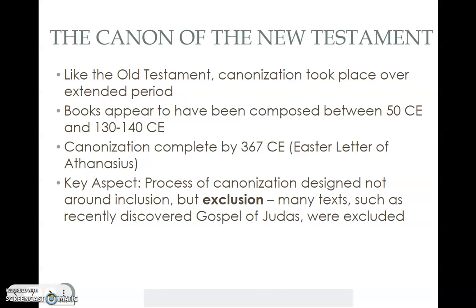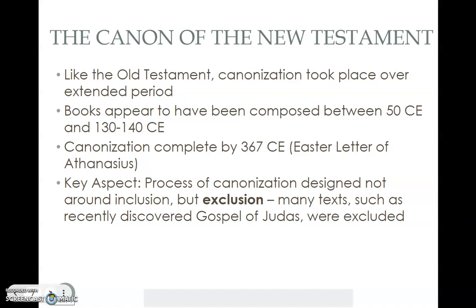The books that comprise the New Testament appear to be written between the year 50 of the Common Era and the middle of the 2nd century. However, the process was not complete until the closing of the 4th century. A complete list of the 27 books that we now have in the New Testament is given in a letter of a bishop named Athanasius, who actually lists the 27 books as they now appear in the New Testament for the first time.